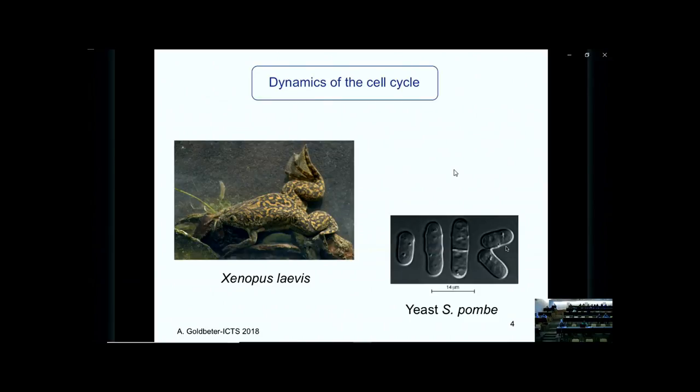And many mutants of the cell cycle, which are called CDC mutants, cell division cycle mutants, were characterized in yeast and then studied in other organisms, including the amphibian egg. Xenopus laevis is another organism of choice in which many advances have been made to understand the biochemistry of the cell cycle machinery.